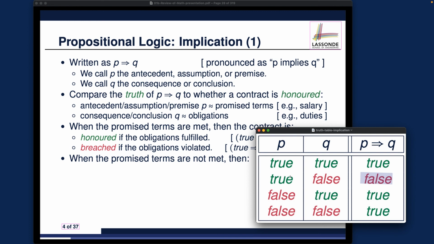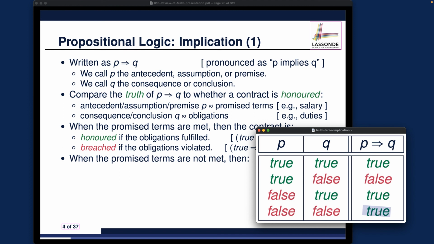In that case, you can see P being false here and false here. Given that the promised terms are simply not met by the employer, overall, the contract will not be considered breached, because you can think about the contract as really considered invalid because the promised terms are actually not met.